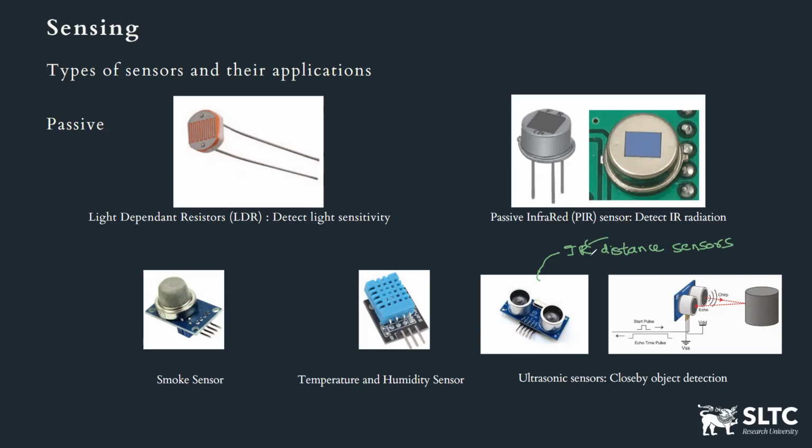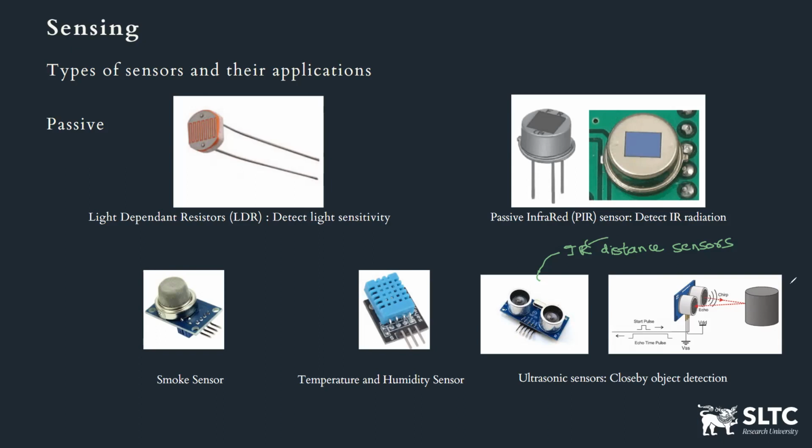So the IR signal can measure the angle of arrival, or the angle at which it receives back the signal from the object. Using that, it estimates the object's position. So it uses a similar concept as ultrasonic sensors.